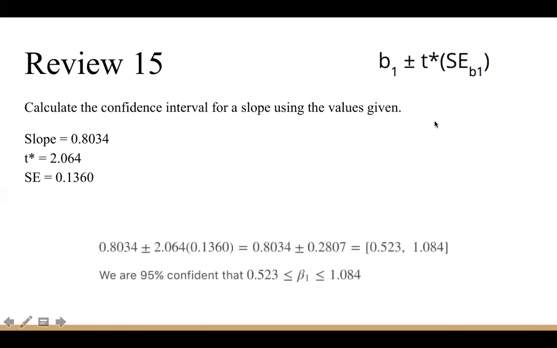All right, so here you're just going to find your margin of error, which is the t-star times the standard error, which comes out to be 0.2807. And then you're going to add and subtract that to the slope of 0.8034. Once you do that, you get a confidence interval of 0.523 to 1.084.